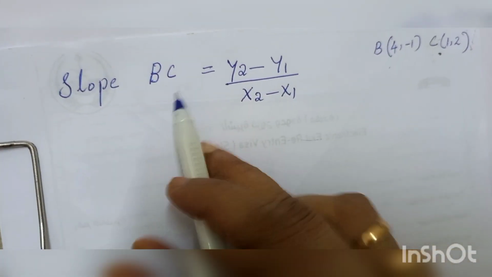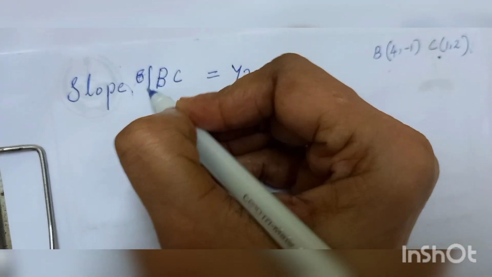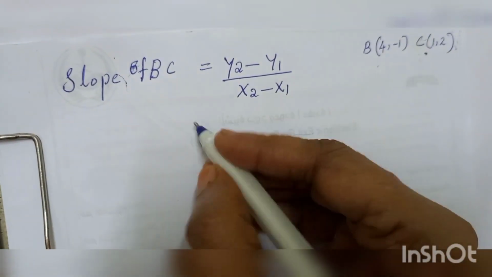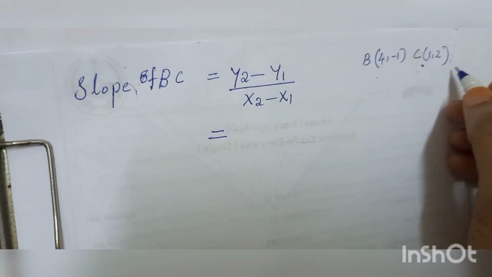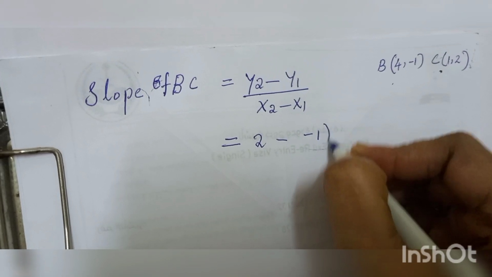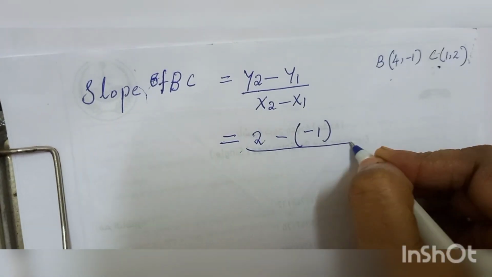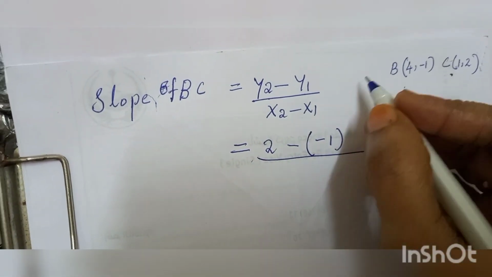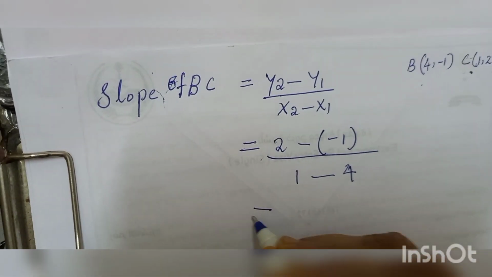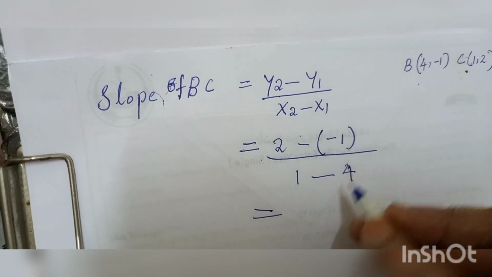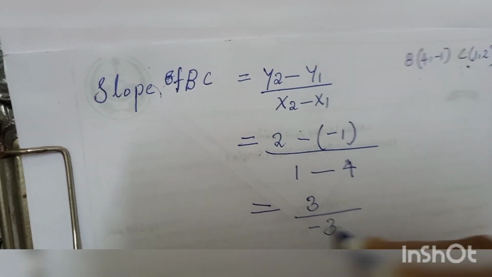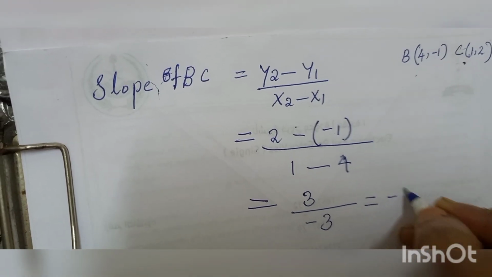So we have to find the slope of BC, which is equal to (y2 minus y1) divided by (x2 minus x1), which is (2 minus (-1)) divided by (1 minus 4), which is equal to 3 divided by -3. So we get -1.